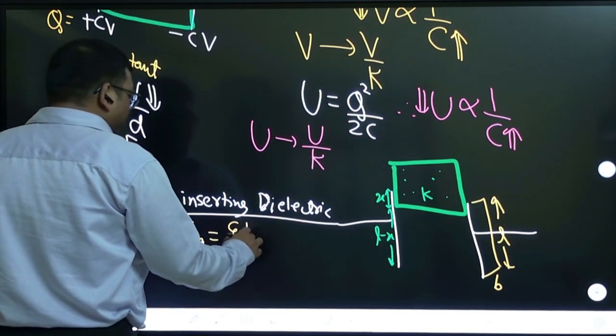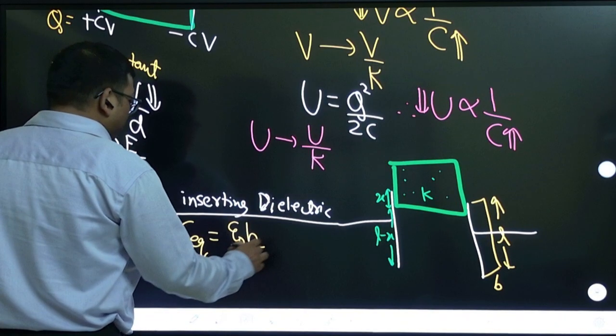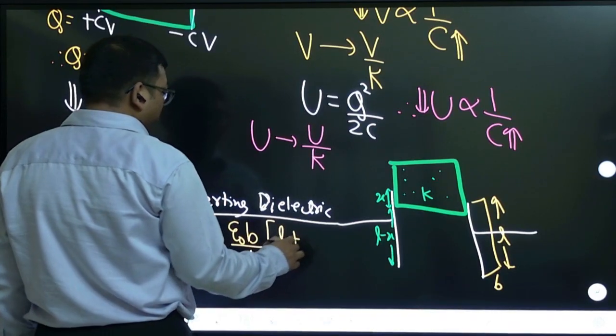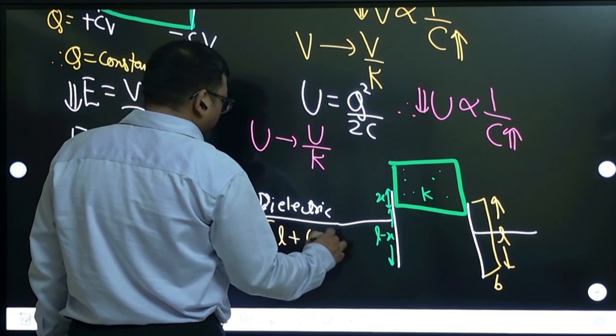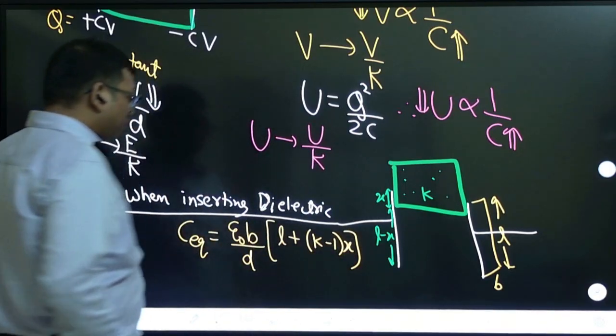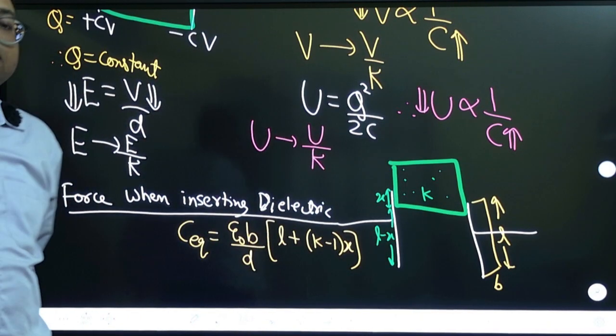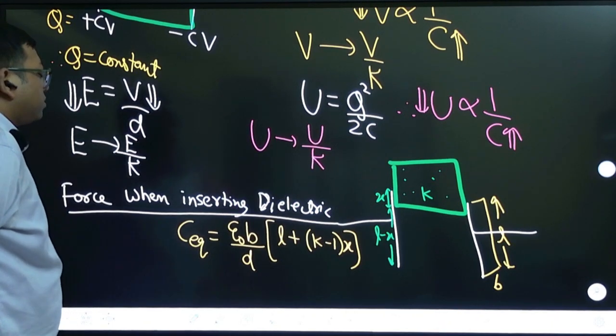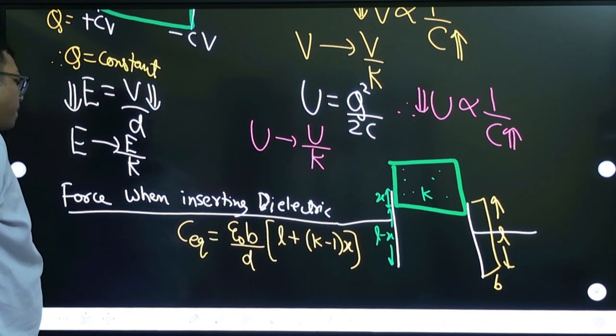Epsilon naught B was common, I think. Epsilon naught B by D, L plus K minus 1 times x. This was correct. C equivalent we calculate.